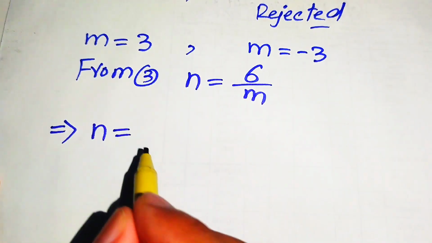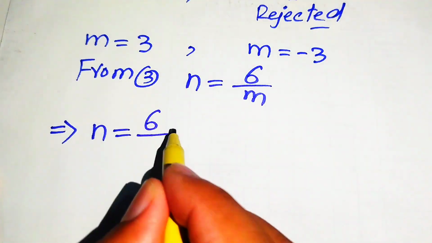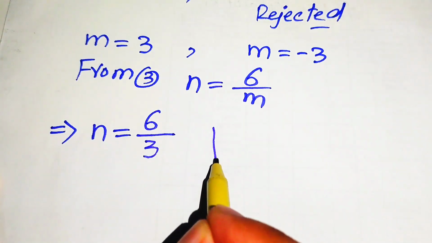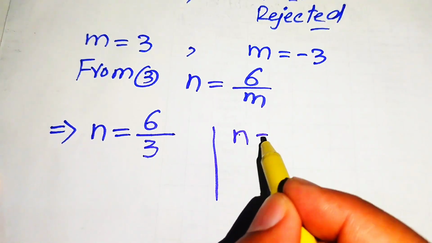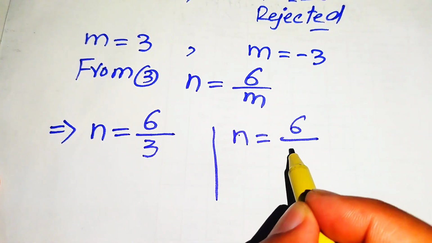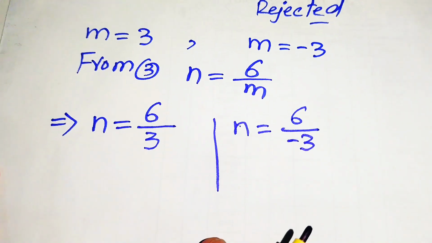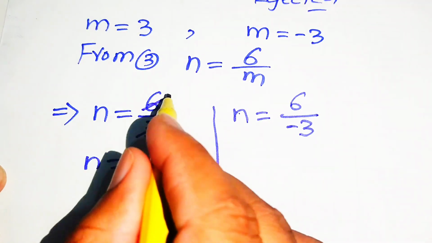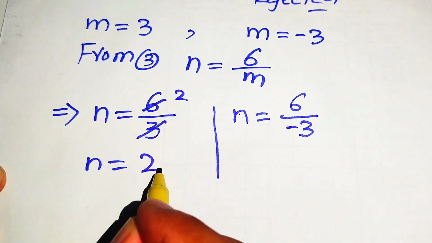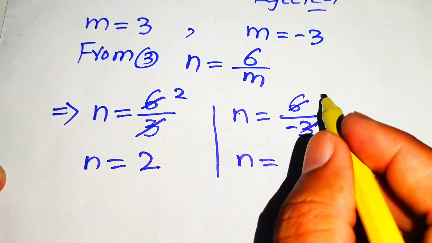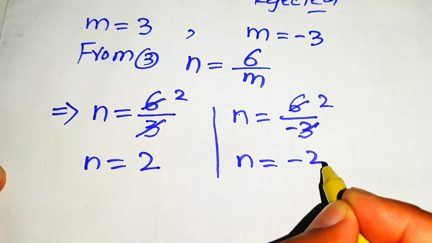Here we have n equals 6 over m. First we put the value of m as 3, and the second way is n equals 6 over m with the value of m as minus 3. Here you easily get n equals 6 over 3, 3 twos are 6, we get 2. In that case we have n equals 6 over minus 3, 3 twos are 6, and this is minus 2.